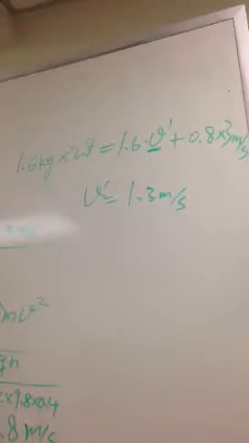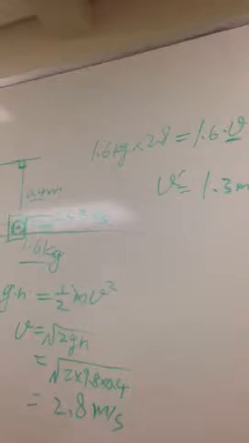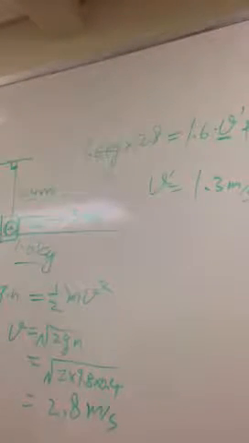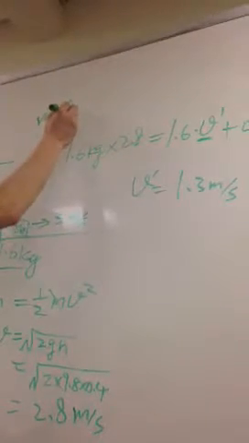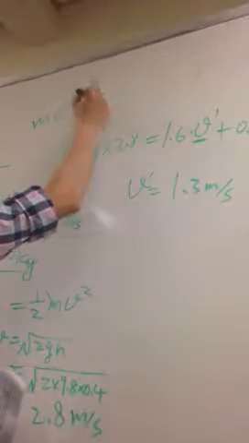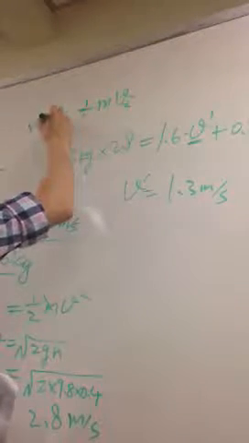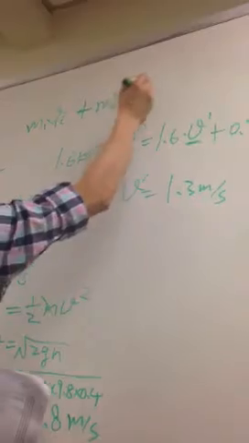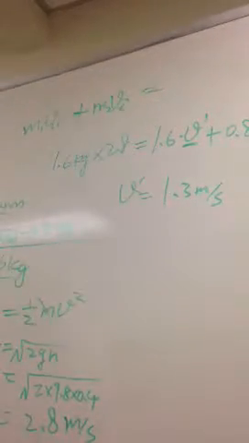Because it's mass times the velocity: mass times the initial velocity is equal to the mass times the velocity at the end, after the collision, right?